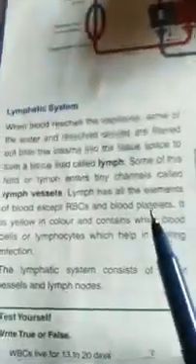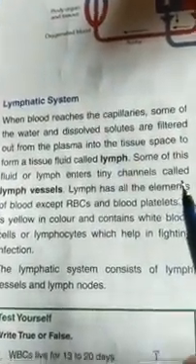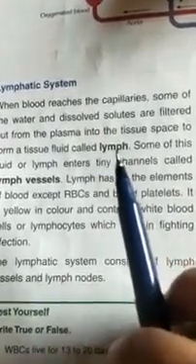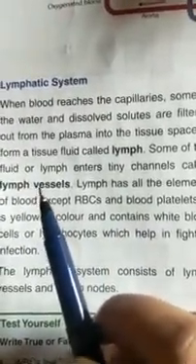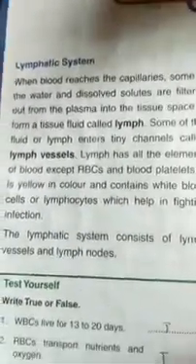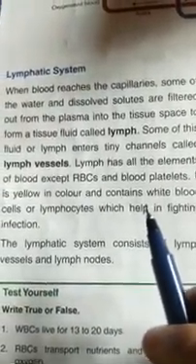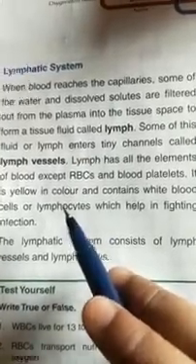So this happens here. This system of the lymph has small channels called lymph vessels. Like blood vessels, there are also lymph vessels, and it is also yellow in color. It contains white blood cells or lymphocytes. Why?